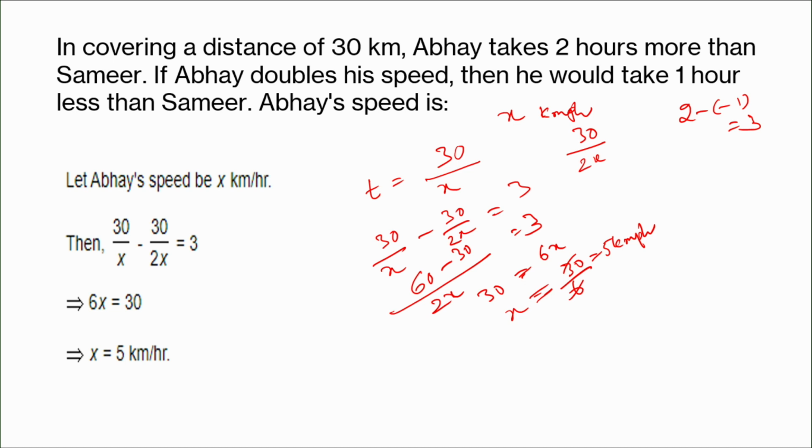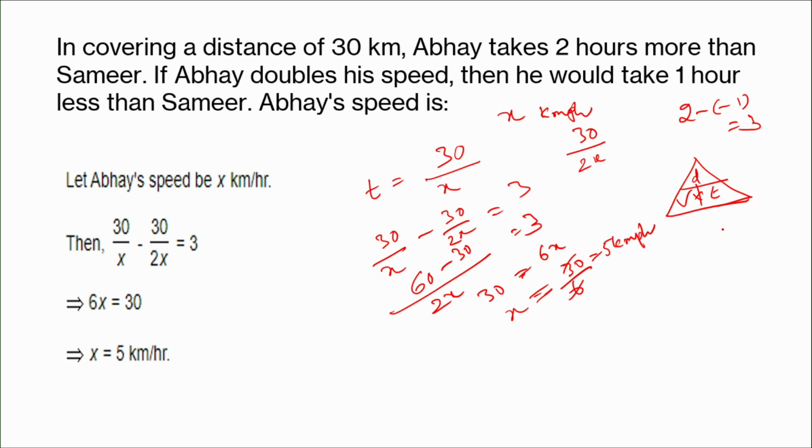So, the very important concept in this question is that the formula is very simple here. Always use the same formula: distance is equal to velocity into time, or velocity equal to distance by time, or time is equal to distance by velocity.